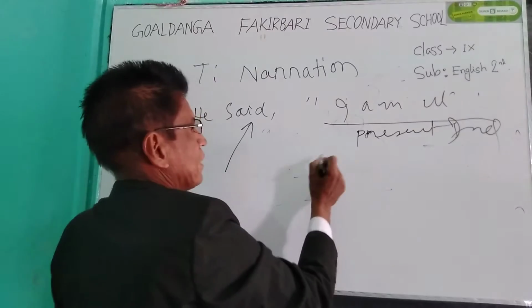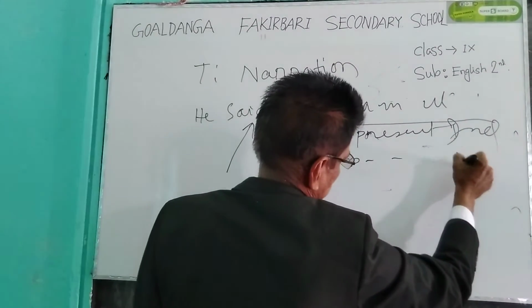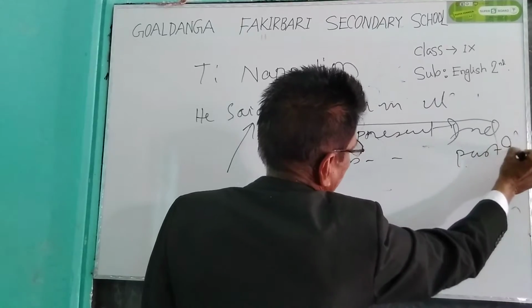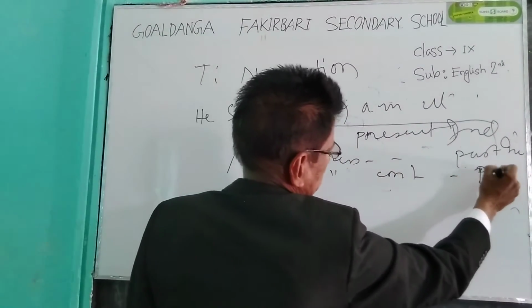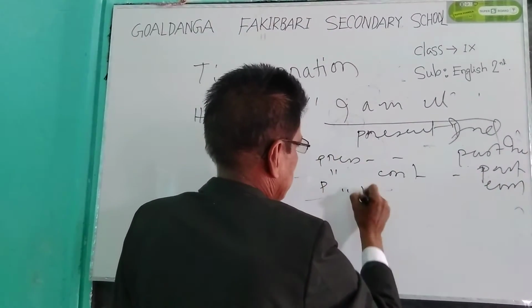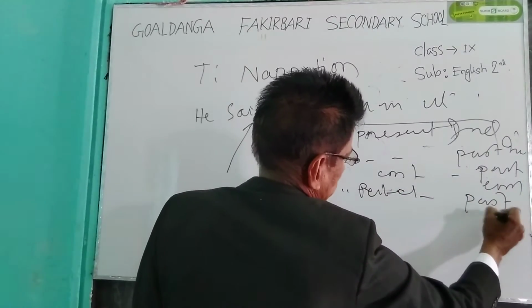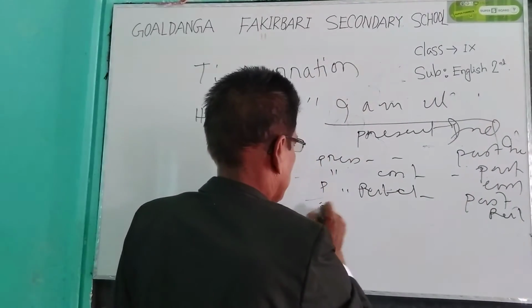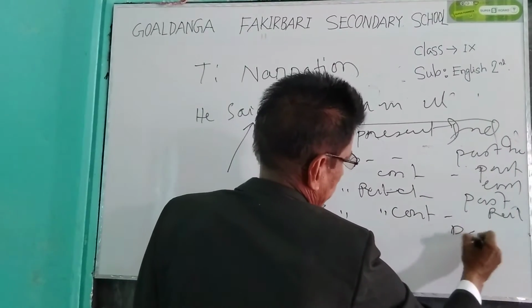The present indefinite tense will be turned into past indefinite tense. Present continuous will turn into past continuous. Present perfect will be turned into past perfect. Present perfect continuous will turn into past perfect continuous.